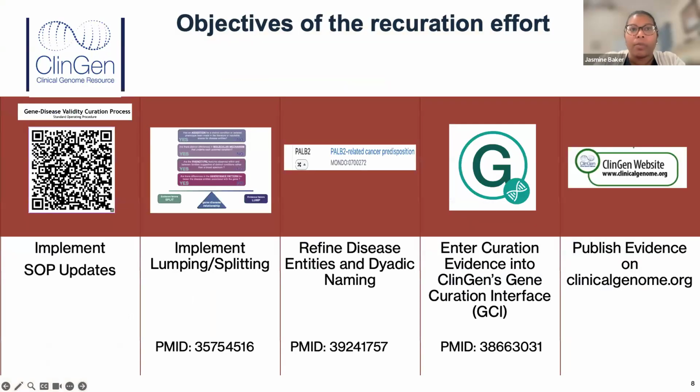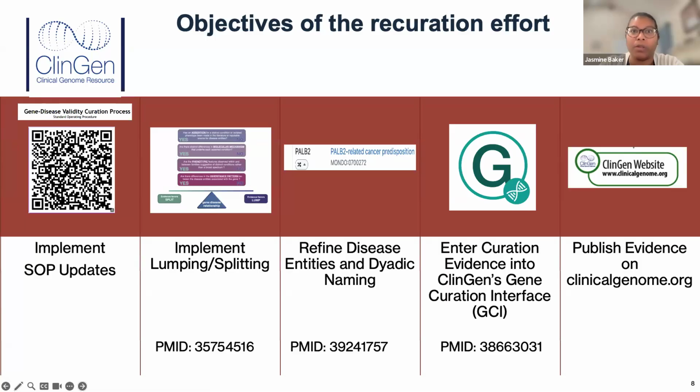For the recuration effort that I'm going to detail in the next section, I want to highlight what the objectives of the recuration effort were before we get any further, just so we're all acclimated. So now we know what GDV is. The first objective that we had was we wanted to apply our updated standard operating procedures.